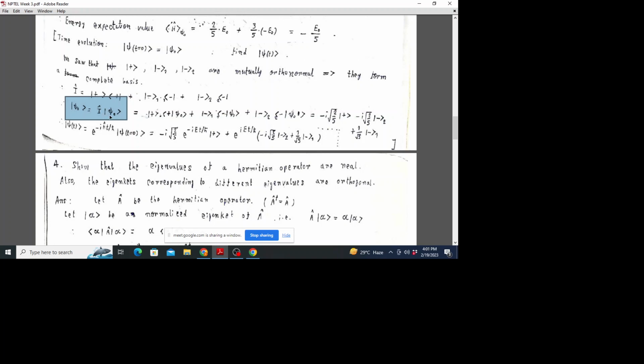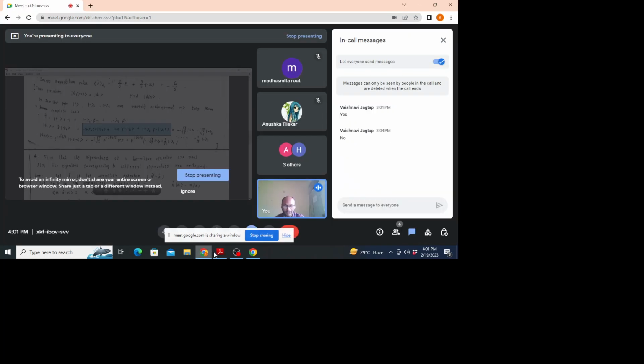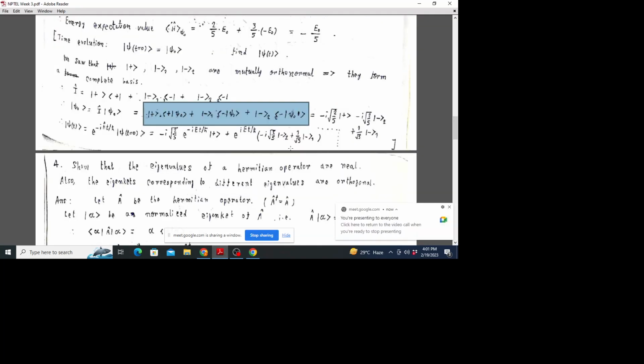This is trivial. Now use the completeness relation. In place of the identity operator, I have just used the completeness relation.